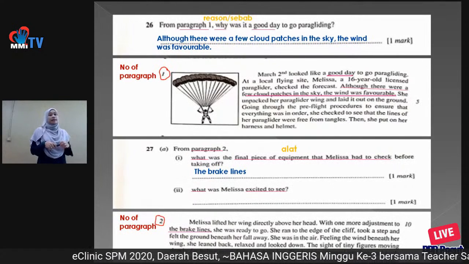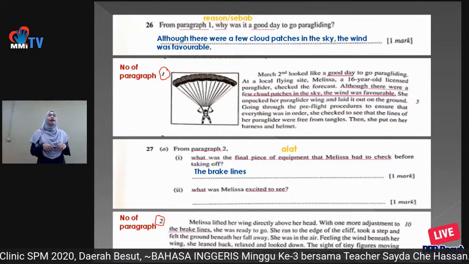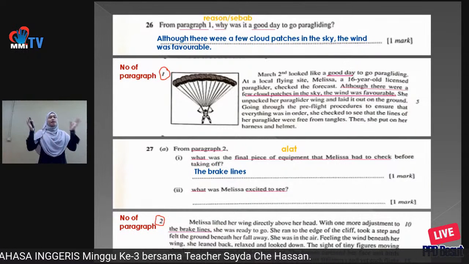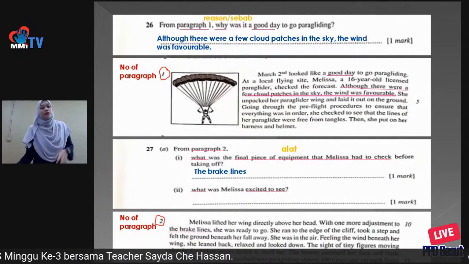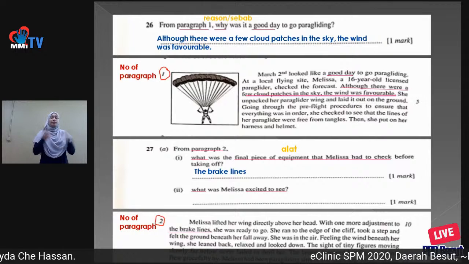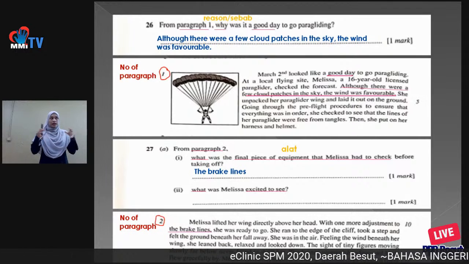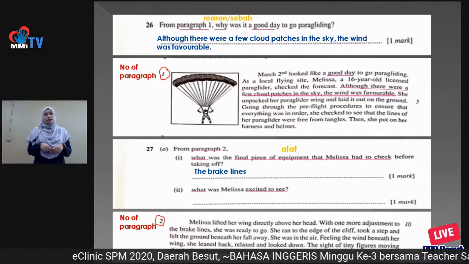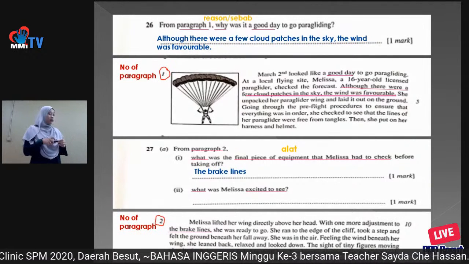Macam brake ni boleh je budak eja B-R-E-A-K, it carries a different meaning. So when the word carries a different meaning, it doesn't make sense as the answer, so you will not get marked. Please be careful.